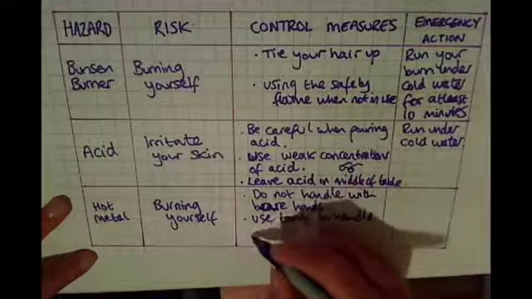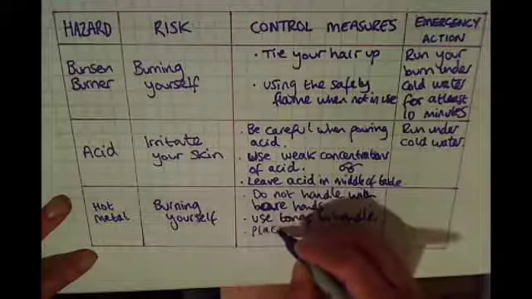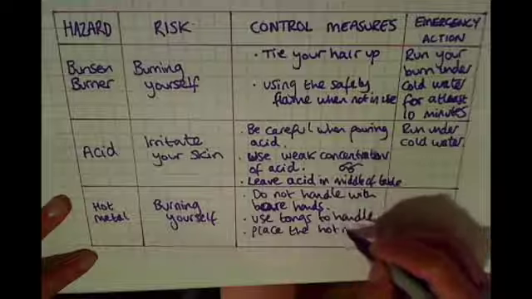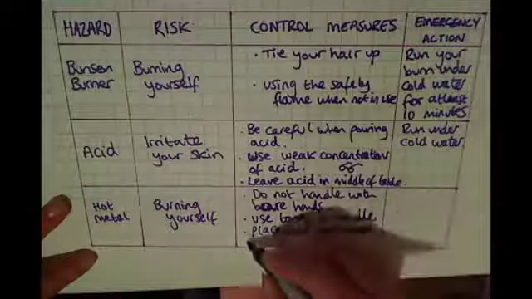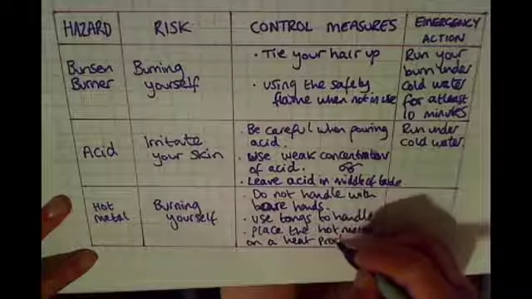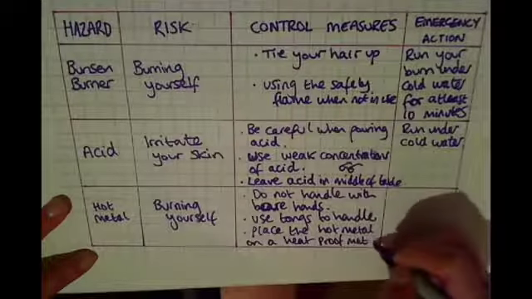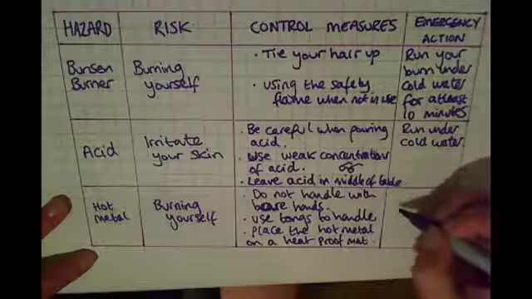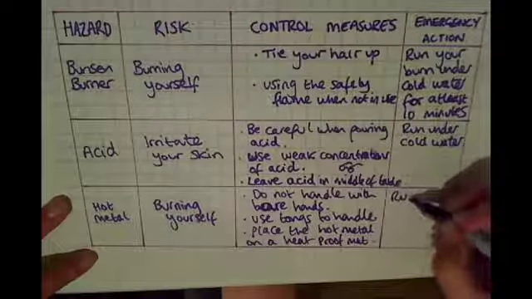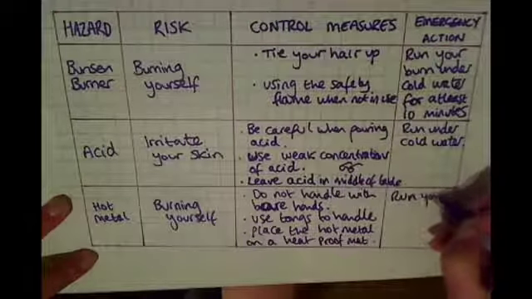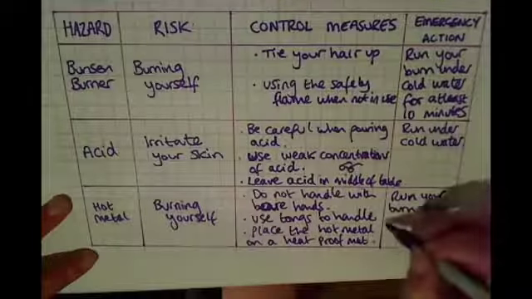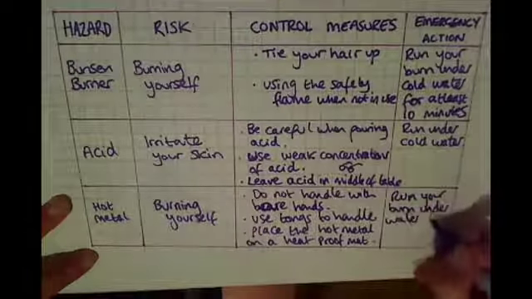And also we would put something about placing the metal on a heat-proof mat. And finally, our first emergency action for burning ourselves is the same as the top one, so we're running under water for at least 10 minutes.